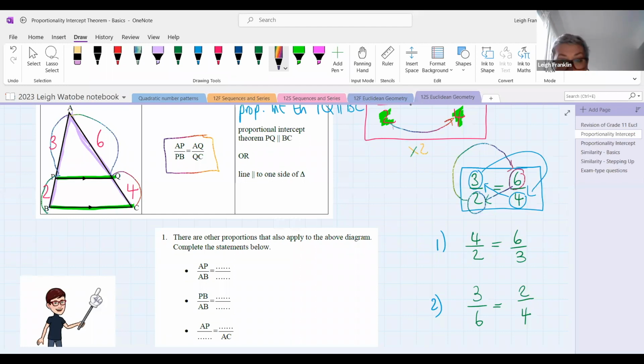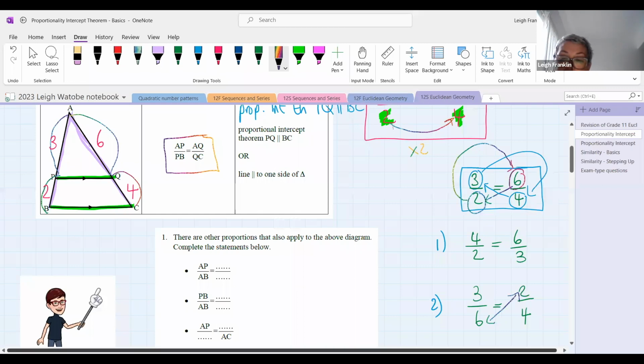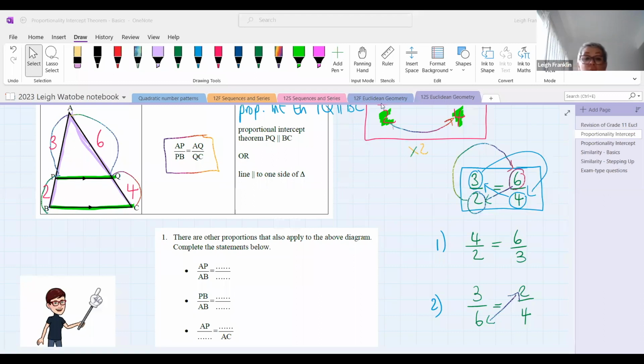So these two have interchanged places with one another. And can you see my proportions still make sense? Because 3/6 is the same as 2/4. That's why I am allowed to do these manipulations, provided that what I'm writing still makes mathematical sense.